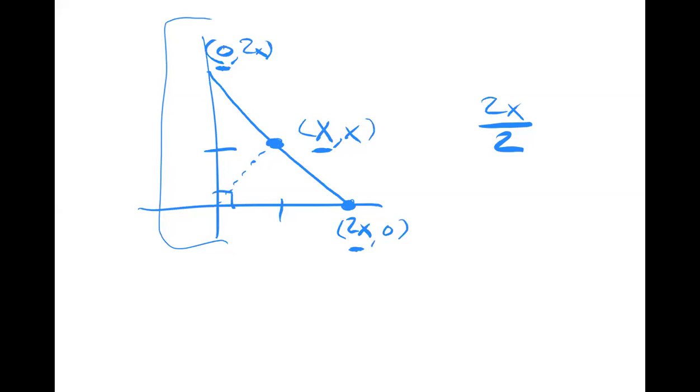That's forward thinking. That's thinking, all right, this is what I'm going to have to do. So let's make it easier on myself by doubling it, by making it a 2x. So when I do have to cut it in half, it's just x and not a fraction, okay? I know that can be a tricky concept sometimes, but hopefully that sort of makes sense to you there.